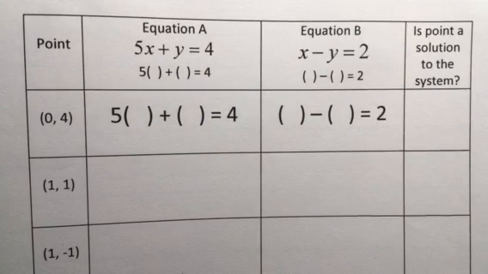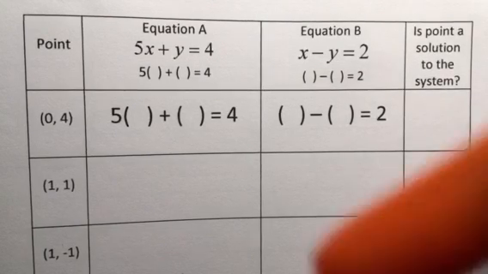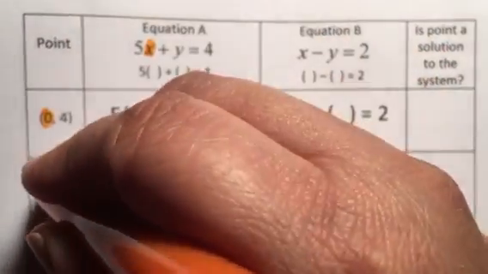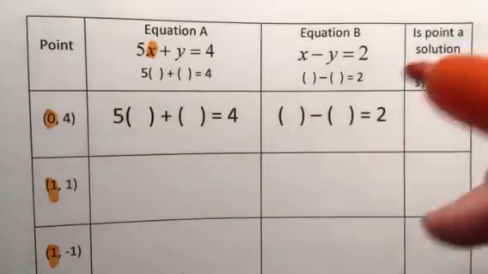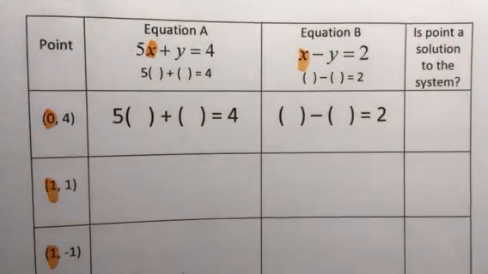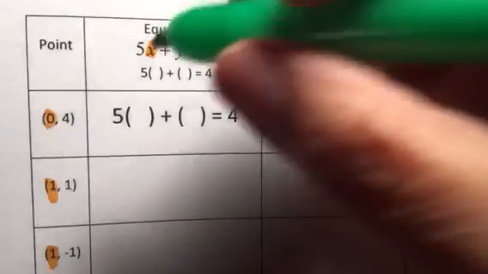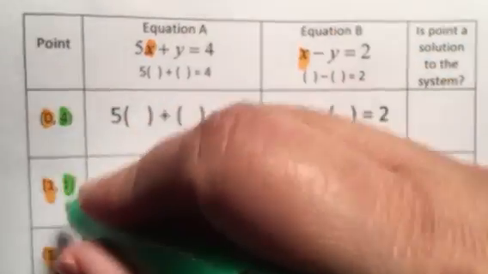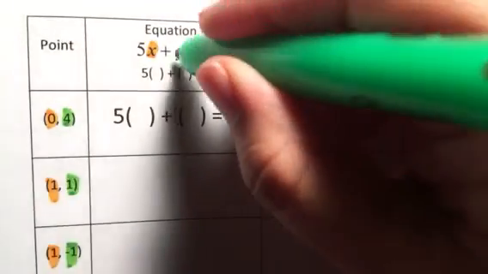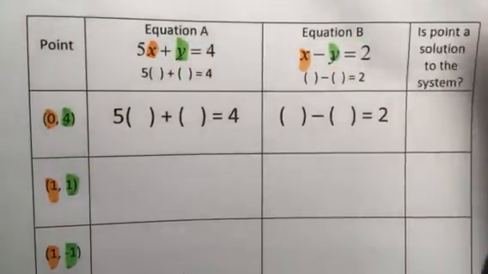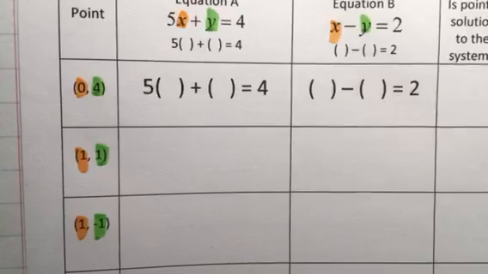As a little friendly tip, you don't have to do this, but I'm going to so you can see. We're going to plug in these numbers where all the x's are, and the green numbers where the y's are. Let me show you that I highlighted those.